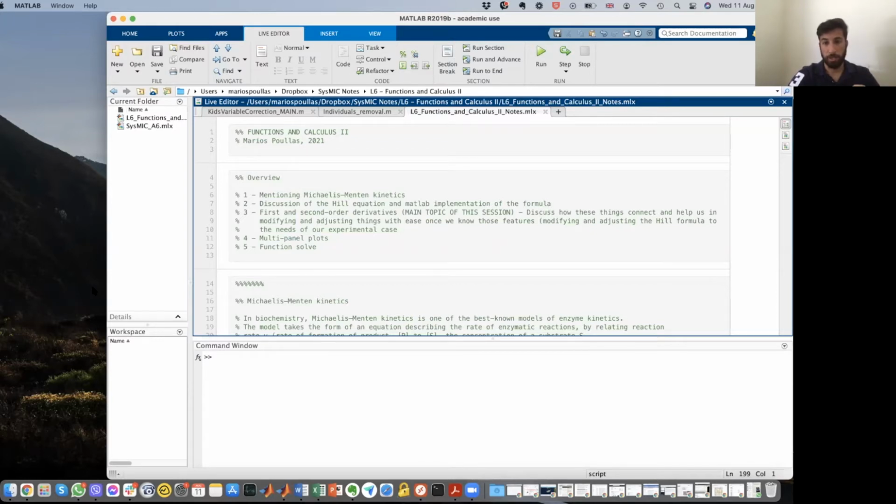And so we are discussing how these things connect and how they help us in modifying and adjusting things with ease once we know these features. And then we are going to use the multi-panel plots to plot the first and second order along with the Hill equation.